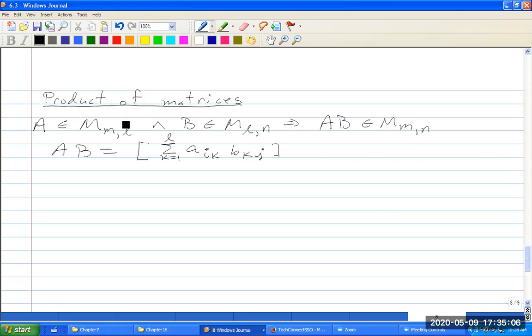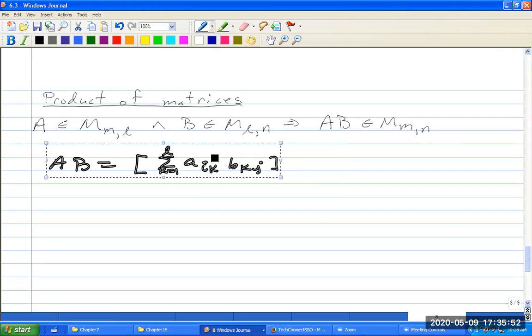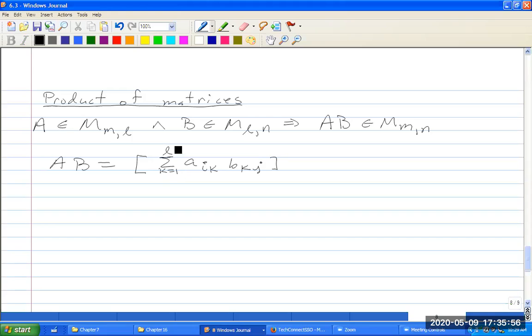Notice that the dimensions of A and B are such that the number of columns of A is equal to the number of rows of B. Once you've done that, the product will have the number of rows of A and the number of columns of B. So A times B is the matrix whose ith, jth entry has the form sum from k equals 1 to L of A sub ik times B sub kj.